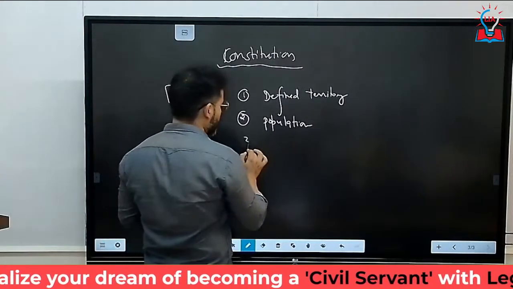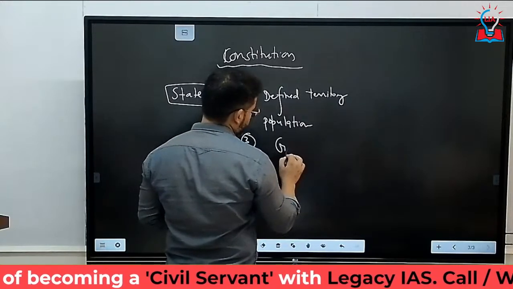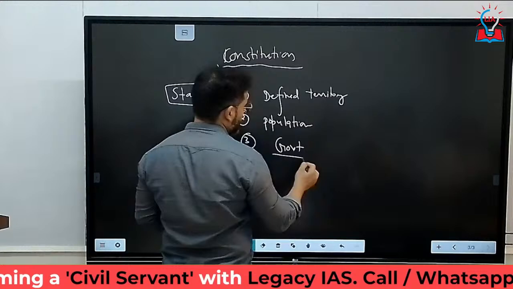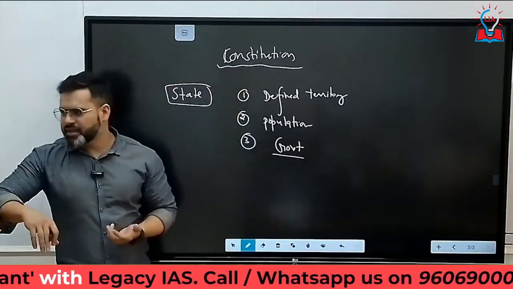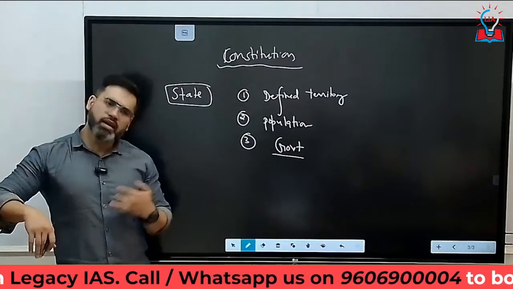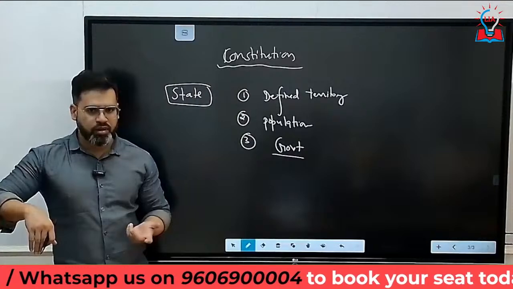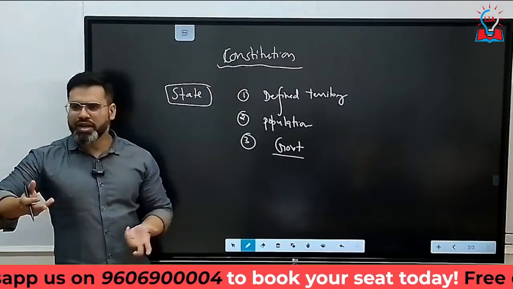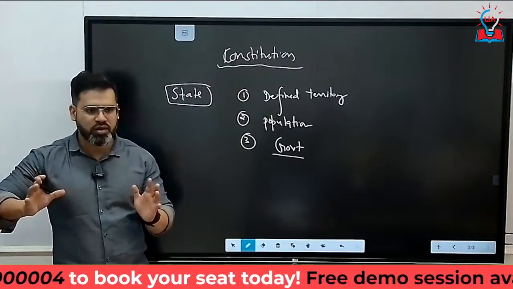The third important element will come: government. Now government can be directly elected, or indirectly elected, or even a monarchy, like Saudi Arabia. Correct? It is not elected directly or indirectly, but the government is there in Saudi Arabia.